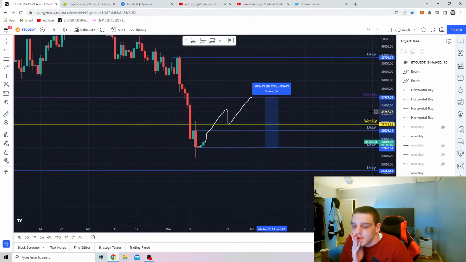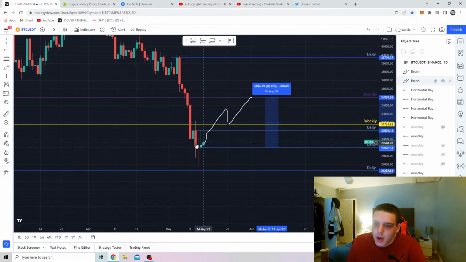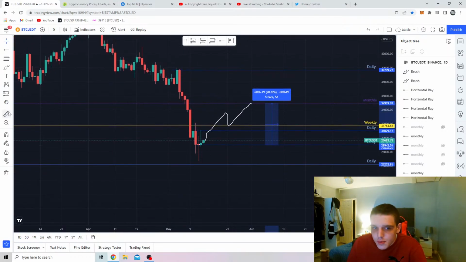From a trading perspective, obviously that's a lot of money pretty quickly. From a holding perspective, this in my opinion will make altcoins pump quite a lot, but this is essentially the best case scenario for Bitcoin. This is the bullish scenario, and then we possibly push all the way up to 39k before another rejection.